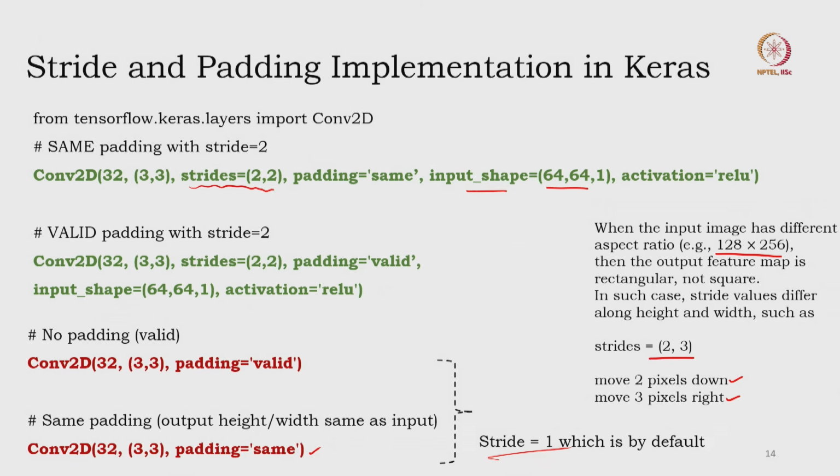So you may ask, is it compulsory that a stride should always be a square one? The answer is no. That depends on the input you are considering. Here the input is a square input, so the stride is also a square stride. But if the input is of a different aspect ratio, the stride is also of a different aspect ratio.